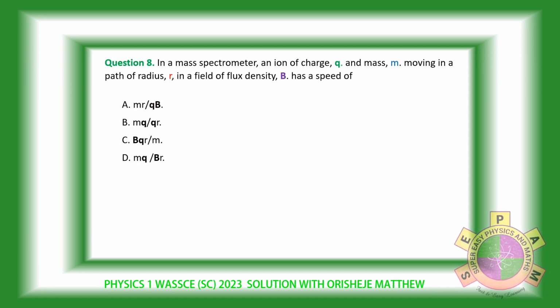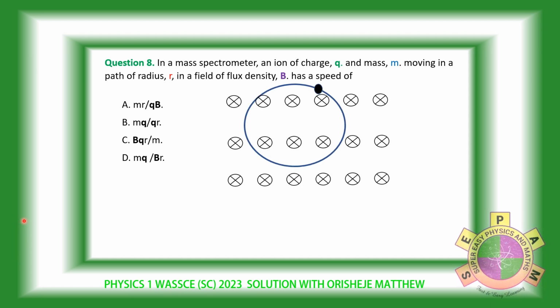Question 8. In a mass spectrometer, an ion of charge Q and mass m, moving in a path of radius r in a field of flux density B, has a speed of. So if you have the magnetic field entering into the paper, then we have an electron that moves in the circular blue path.